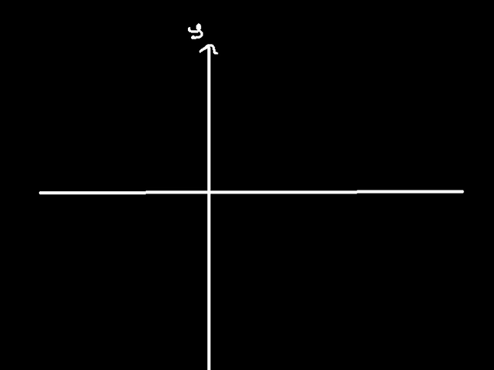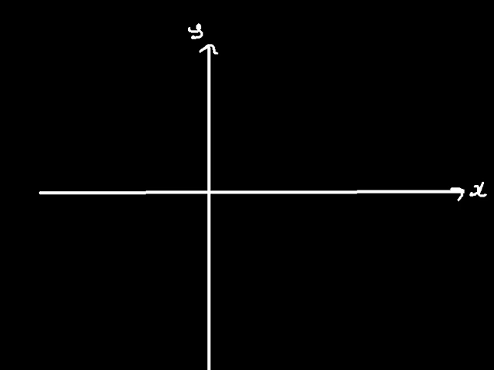Think of, let's say, if we have a Cartesian plane like this. Let's say this is a typical Cartesian plane. We understand this is the y-axis, and this is the x-axis.